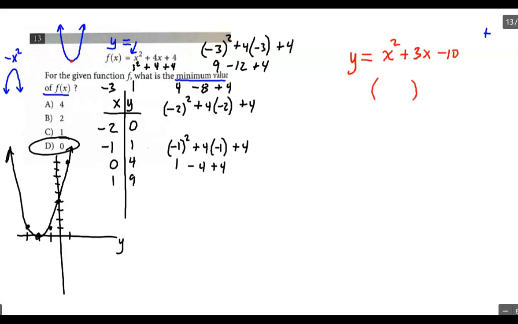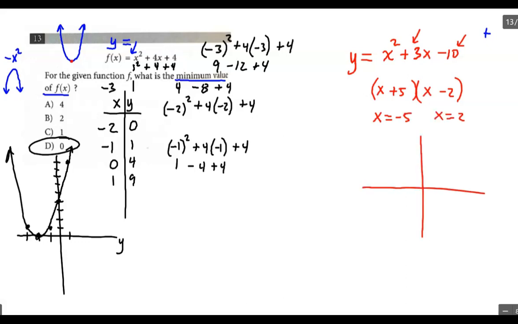Well, if I wanted to factor this one, two numbers that multiply together to make -10, but add together to make +3, well, I could do a +5 and a -2, which gives me two zeros. And those zeros become helpful because then I can put one 0 like right here at 2, the other 0 at -5, and I know that this thing comes down and goes back up.